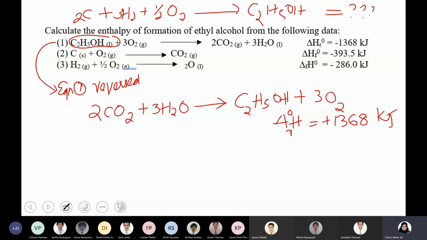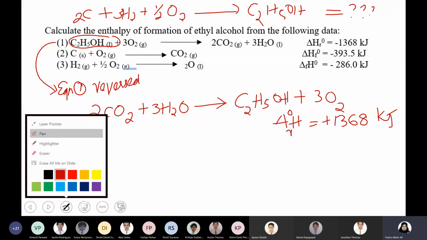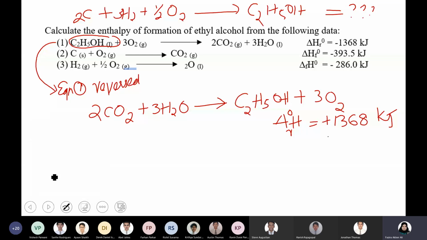Because when we reverse, the value will not change, but the sign will become opposite. So it was negative, and when you reverse the equation, it becomes positive 1368 kilojoule. So that is the first step, right? Yes, ma'am. And we can label it as equation 4 so that it's easy.